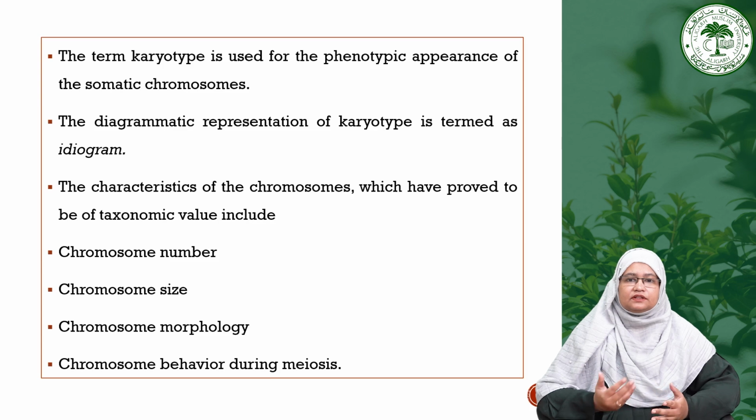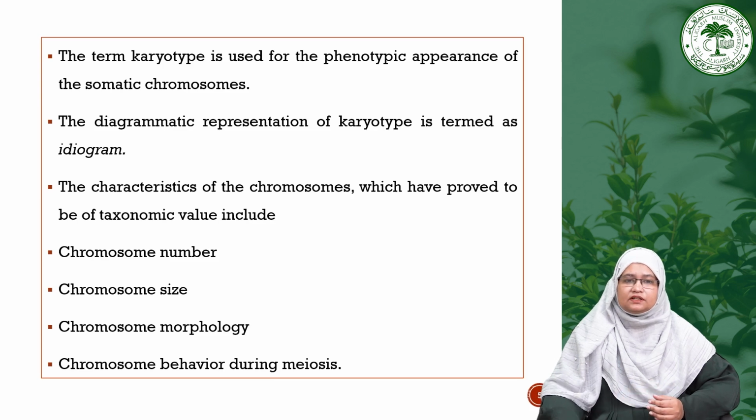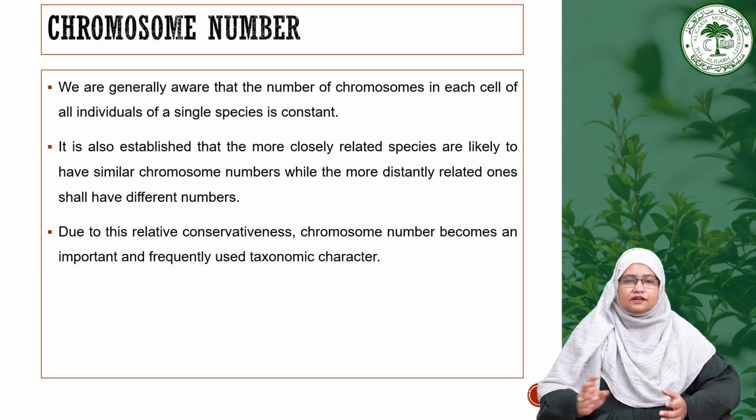So if we represent them phenotypically, it is termed the karyotype, and if we represent them diagrammatically, it is termed the ideogram. And in taxonomy, the characteristics of chromosomes which have proved to be of taxonomic value include, as we have told you, the chromosome number, chromosome size, morphology and its behavior. These are the main characteristics useful as taxonomic aids.